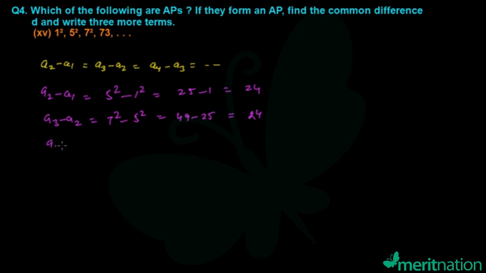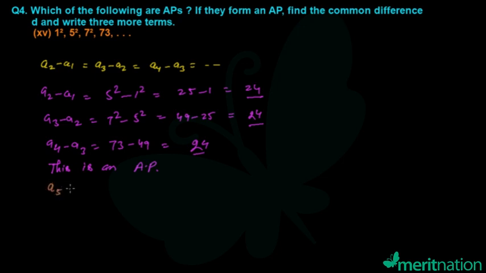So now a4 minus a3. a4 is 73 and a3 is 7 squared, that can be written as 49. So let us subtract: 73 minus 49 is 24. All the 3 differences are the same, so this is an AP. Now we have to write 3 more terms.